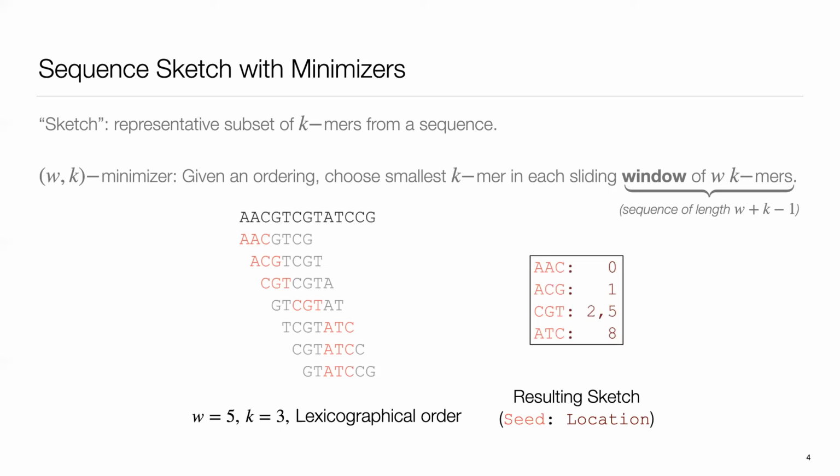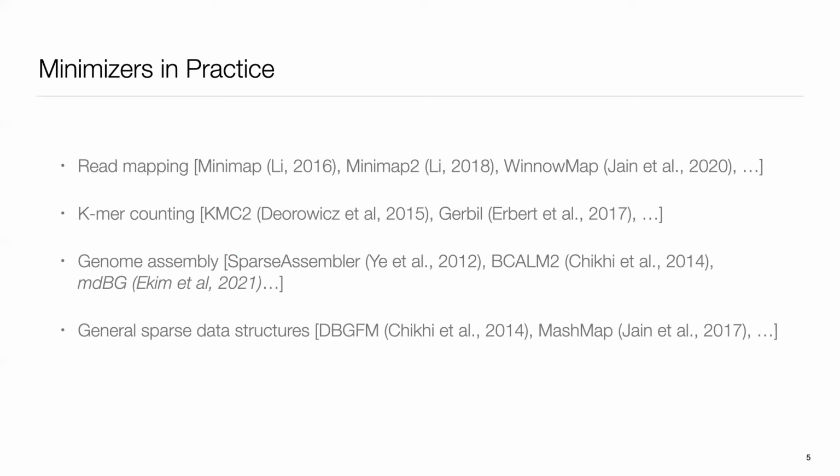Minimizers are very popular and they are used in many ways in computational genomics. Most famously, they are an indispensable part of read mappers now. You see minimizers in many of the state-of-the-art read mappers. They are also very useful in k-mer counters, where you use minimizers to bucket reads. They are also a useful component for genome assembly.